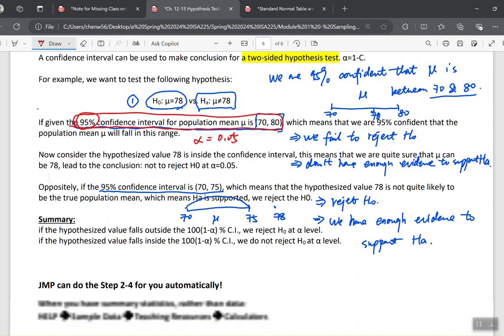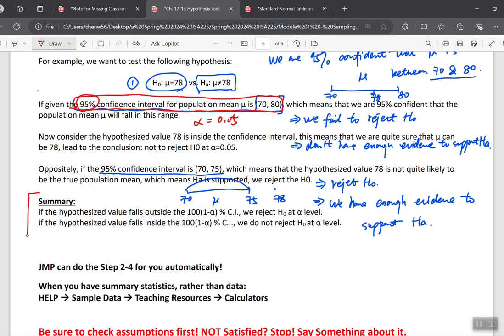All right, so that is why here I gave you a summary. We say if the hypothesized value falls outside of your confidence interval, then we reject the null hypothesis at the alpha level, which is 1 minus your confidence level, or 100% minus your confidence level.